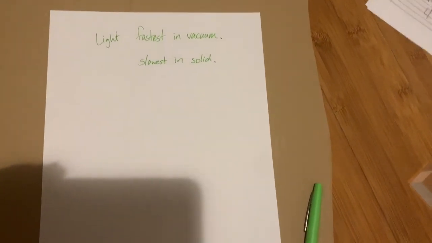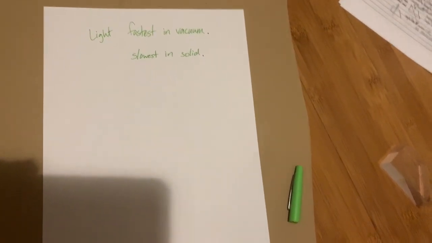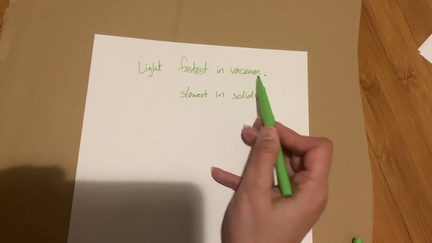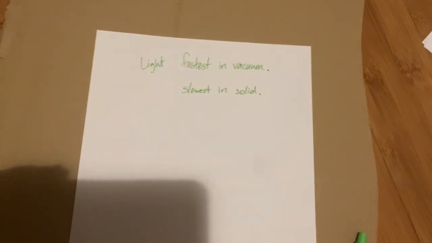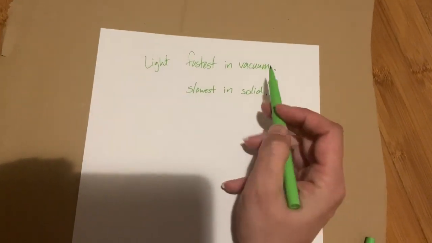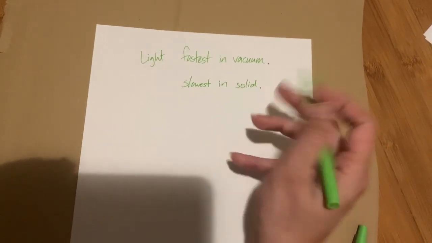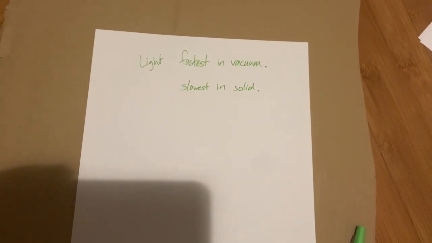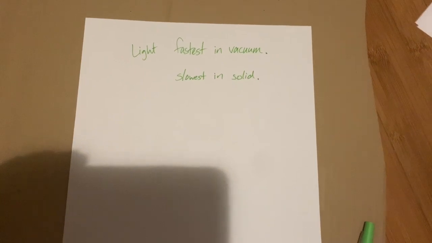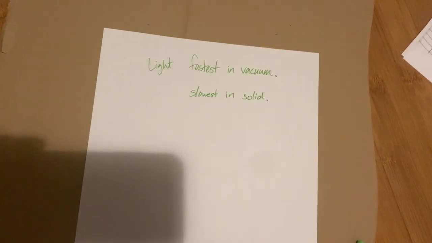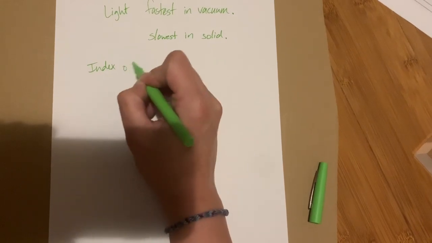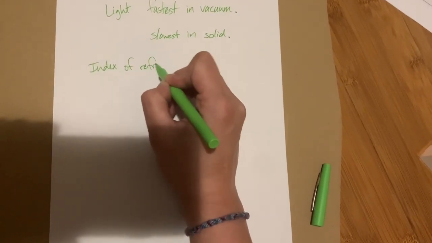So what this means is that as we go from a vacuum into, say, a gas, we're going to see a little teeny deflection. If we go from the vacuum into a solid, we're going to see a very large deflection. And so we know exactly how much that's going to be depending on the material itself. The way we know is something called the index of refraction.